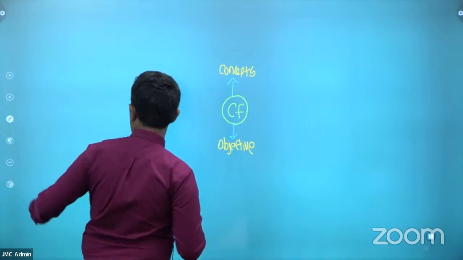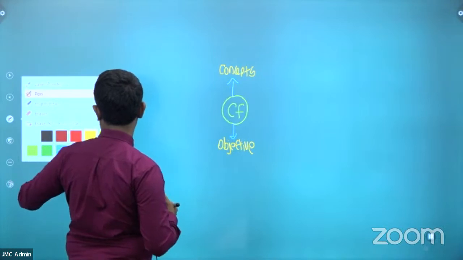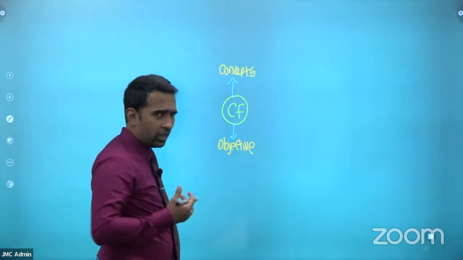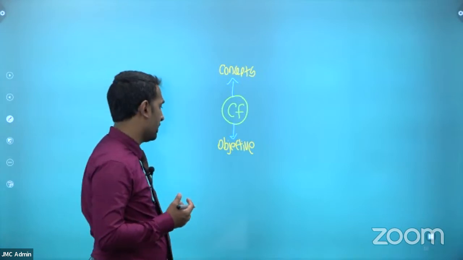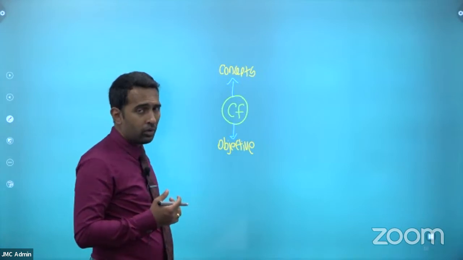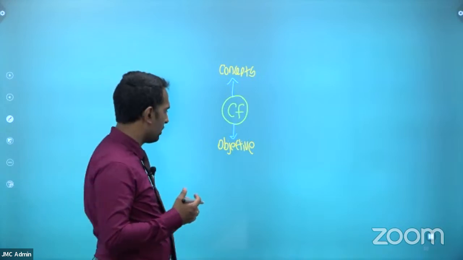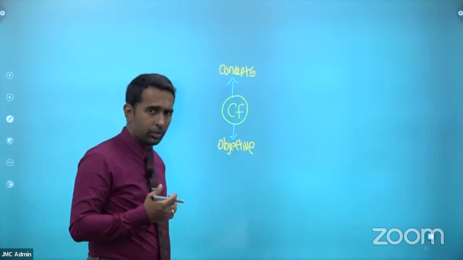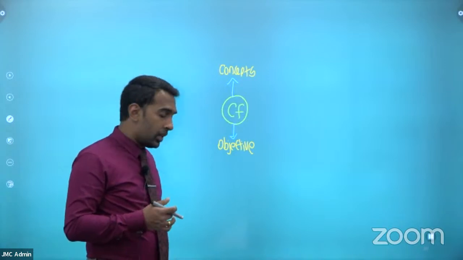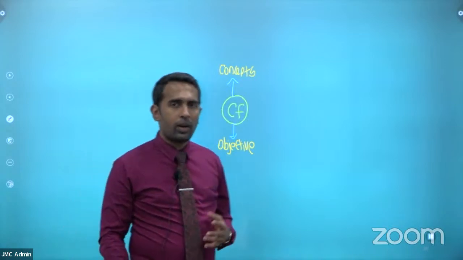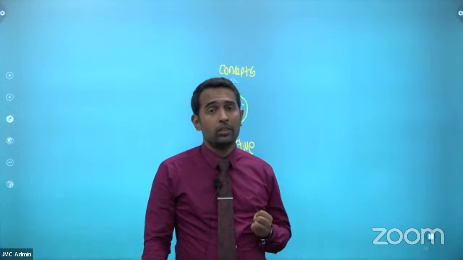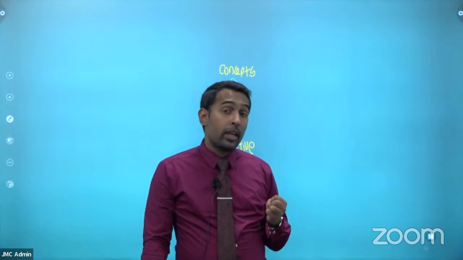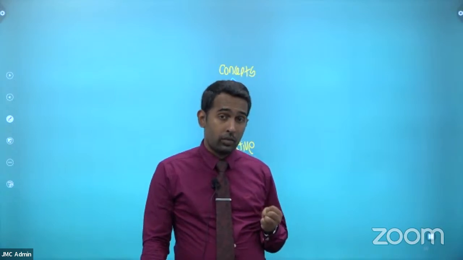Starting with the objective: what is the objective of financial reporting? We are looking at general purpose financials. The objective of accounting or financial reporting is to provide financial information to the stakeholders.